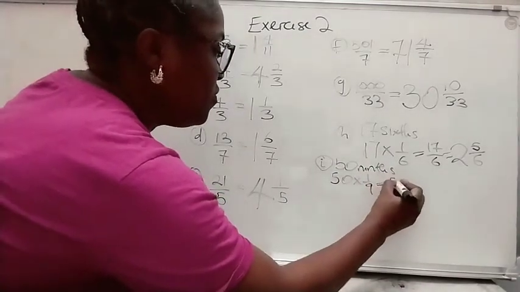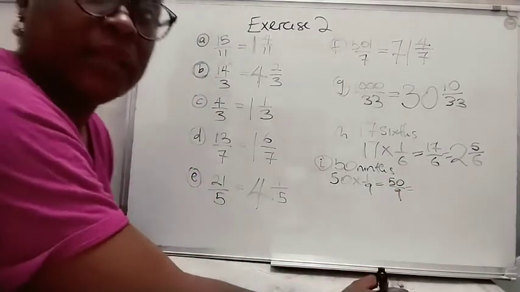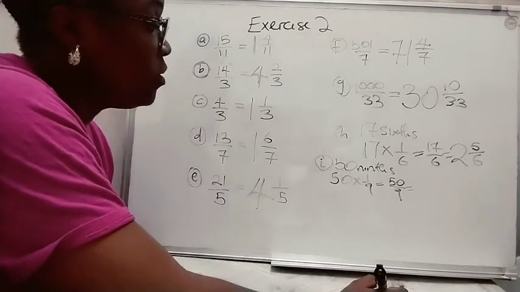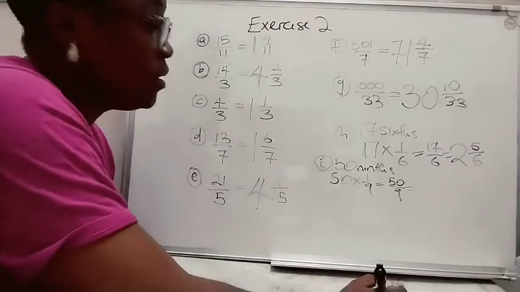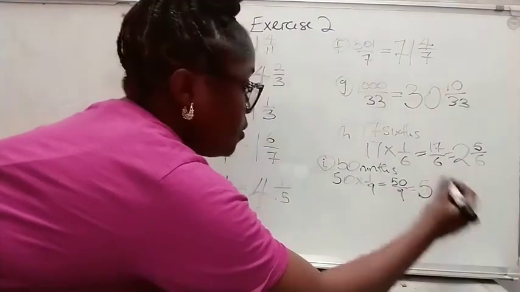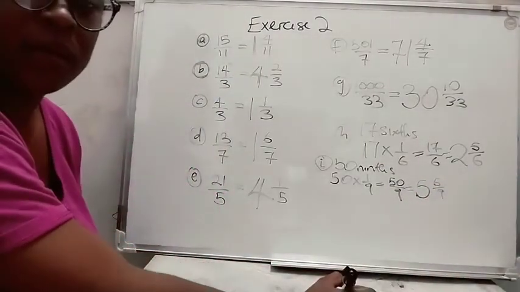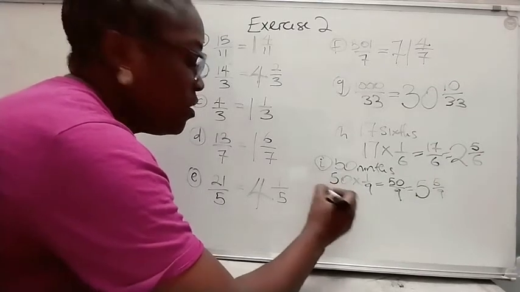Giving us 50 over 9. 50 divided by 9, what would we have? We know 45 is a multiple of 9, so that will be 5 whole number, remainder 5 over 9.